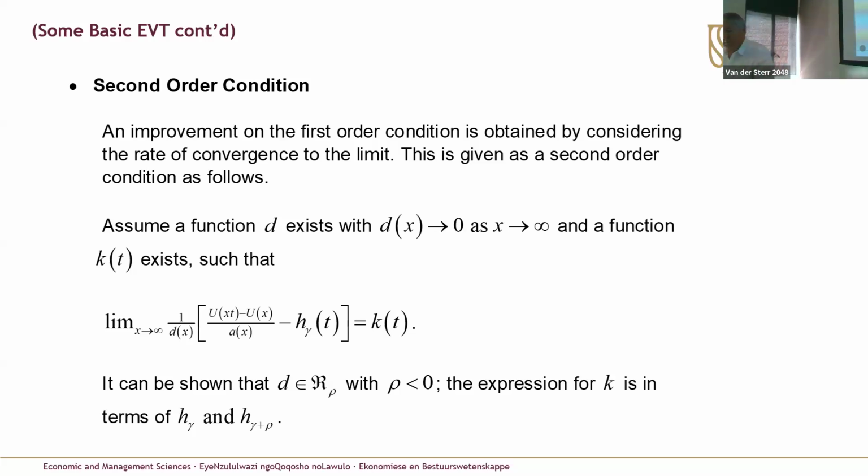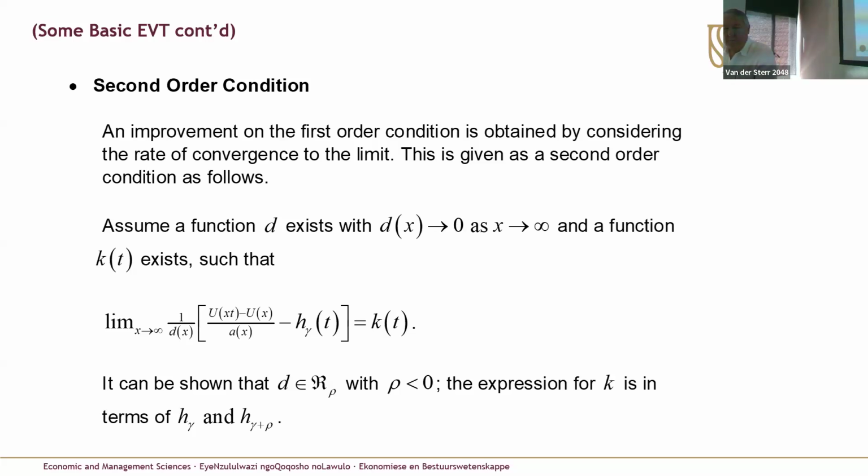And that's the second order assumption that says there exists a function d, with d going to 0, and a function k, such that the limit of 1 over d, and then of course this goes to infinity, times the square bracket, which is just the difference between the first order condition minus its limit, the square bracket goes to 0, so that this limit is again a new function. So it's not 0 or infinity, it's a new function.